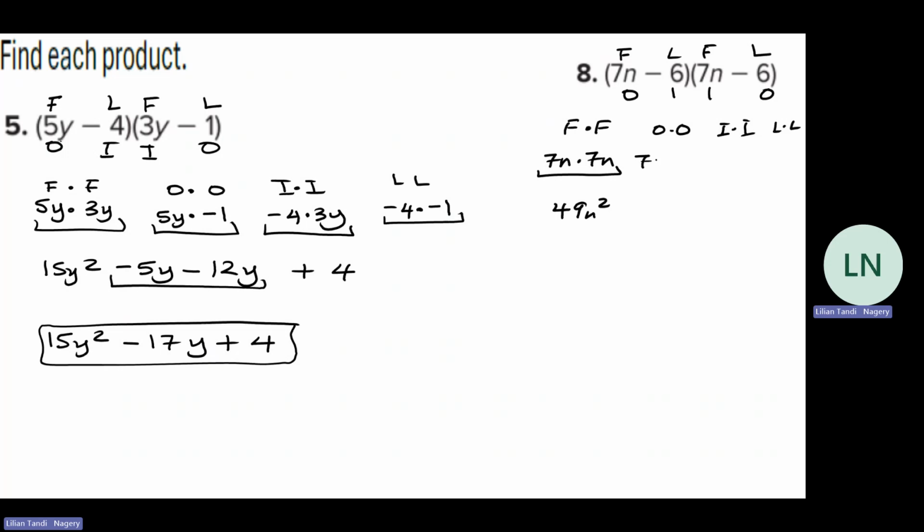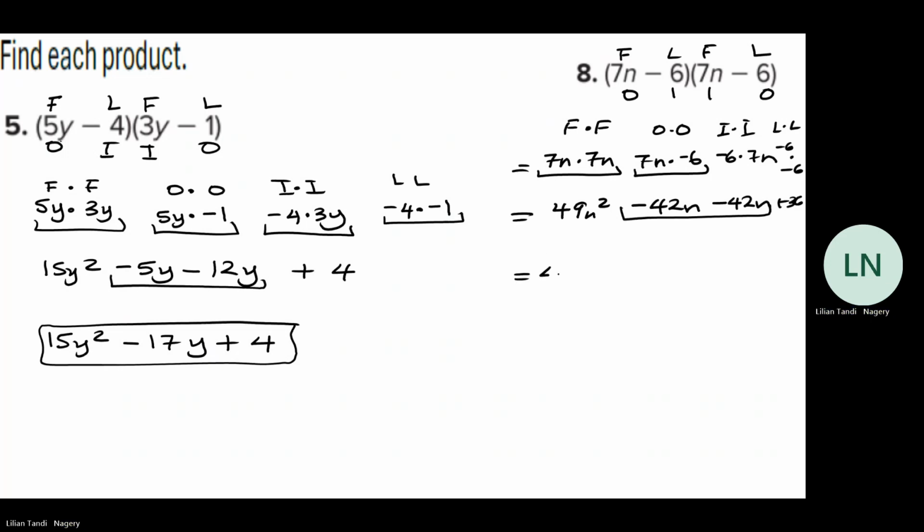O times O, 7n times -6, -42n. -6 times 7n, -42n. And then -6 times -6, +36. These are like terms. So we have 49n squared minus 84n plus 36.